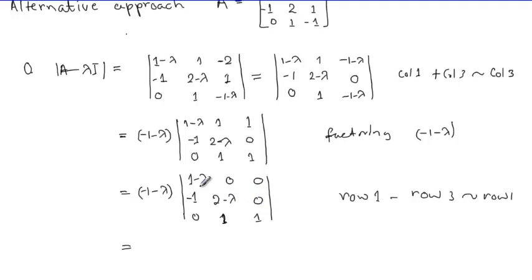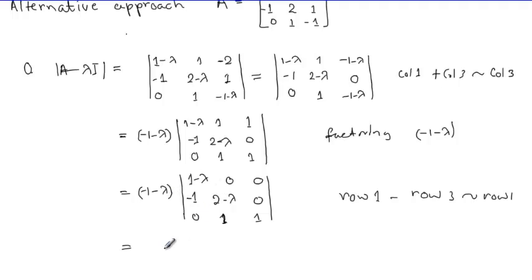Or otherwise, we can just multiply the diagonals, and the only diagonal that gives us a non-zero product is the principal diagonal. Otherwise, this one and that will be 0. Along the secondary parallels, we get 0, 0, 0, 0, 0.